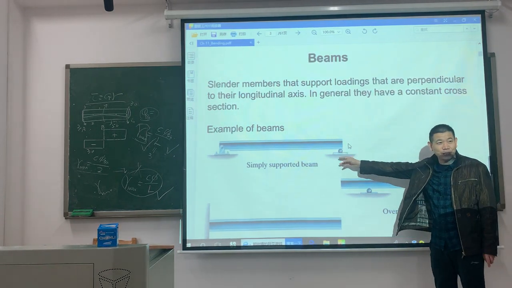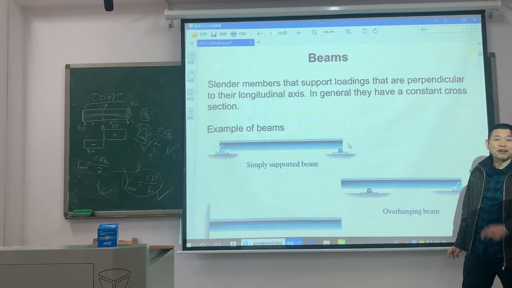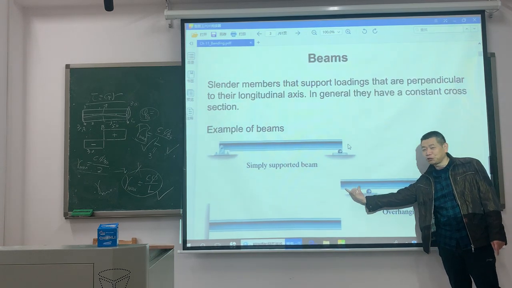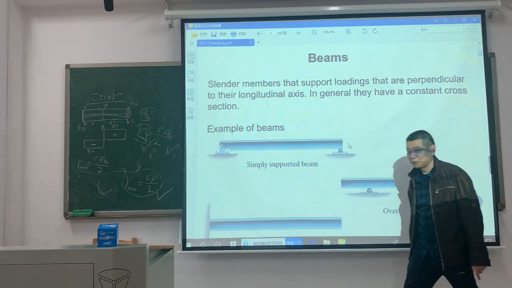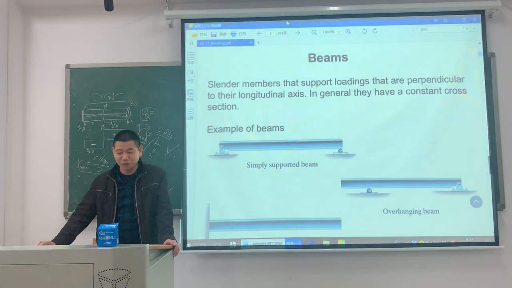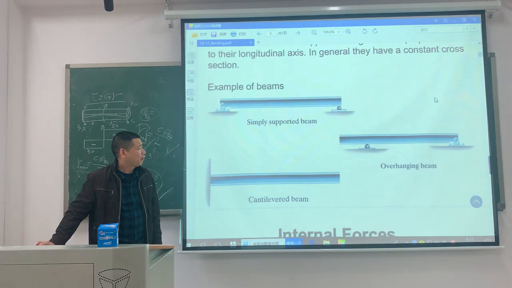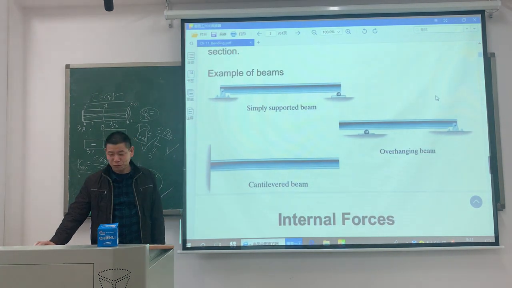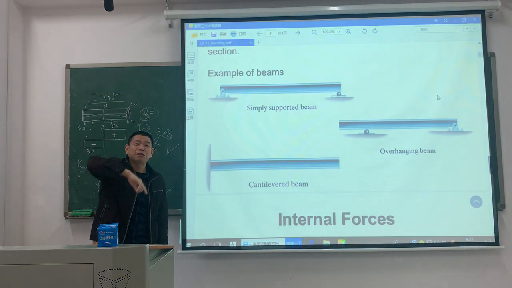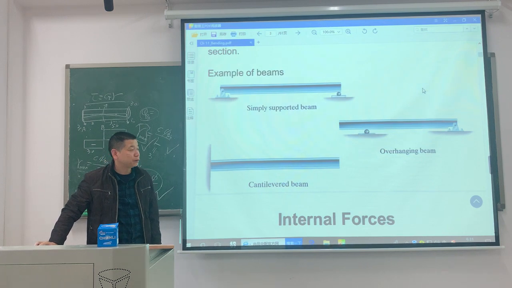You can recognize the difference. Can you? Over here, it's the roller. So the difference is just the support. The difference is very easy to find. What is the name for this beam? Simple support beam.